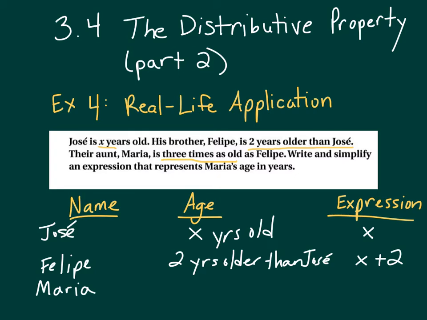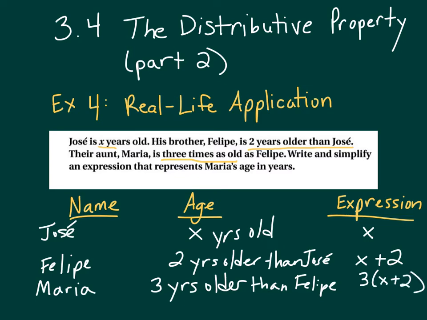And then finally, it asks us about Maria, and it says that she's 3 times as old as Felipe. So we'd have to remember the whole age here. So we would take 3 and multiply it by that whole expression above that is representing Felipe's age, x plus 2.